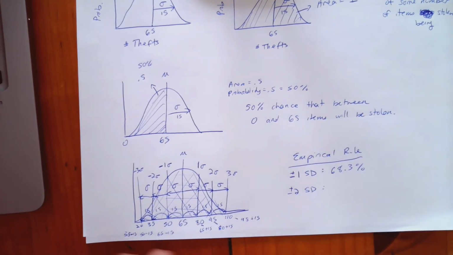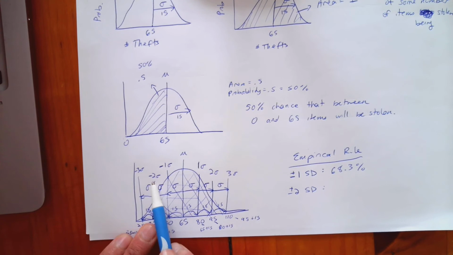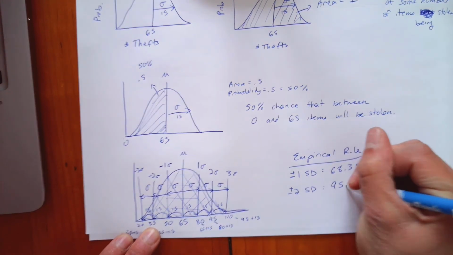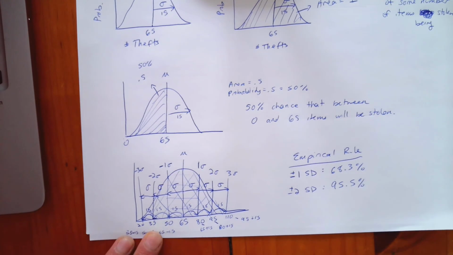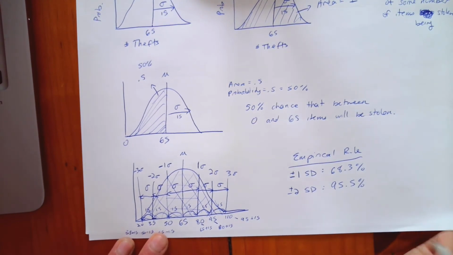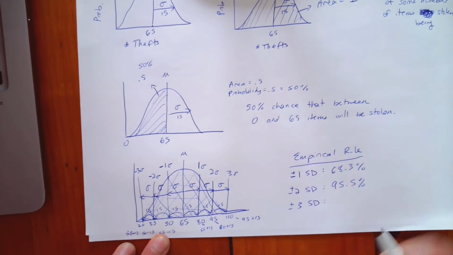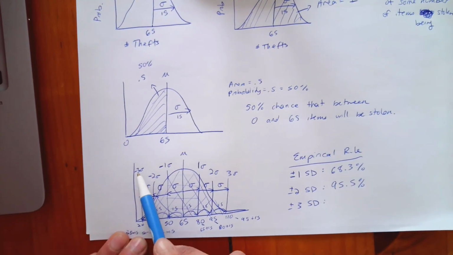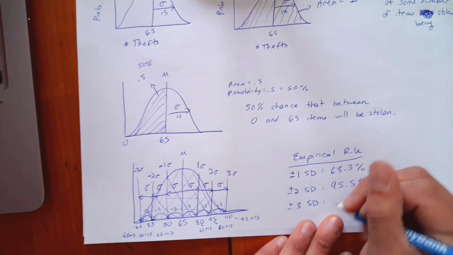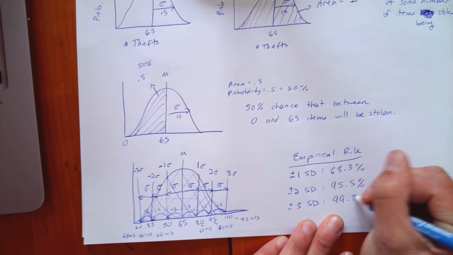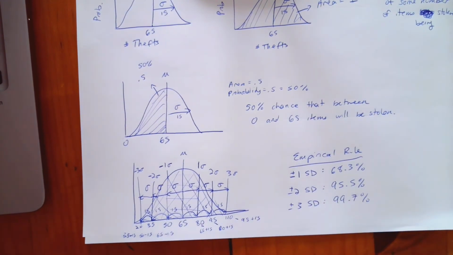Within 2 standard deviations of the mean, so between -2 and 2 standard deviations, we're always going to find 95.5% of our area. And finally, within plus or minus 3 standard deviations of the mean, so that's from -3 to +3 standard deviations, we're always going to have 99.7% of our total area.